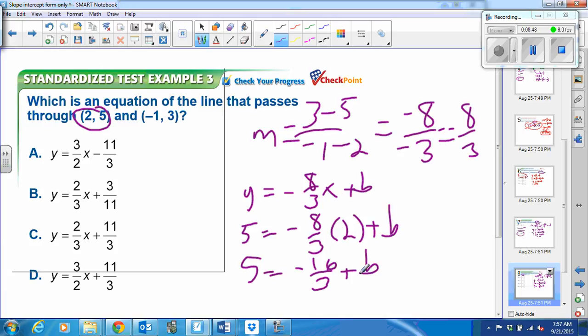Now I'm going to add 16/3 to both sides, but I want to show you on your calculator how you can get this fraction very easily. So we're going to do 5 plus 16/3. Wait for the calculator to open up.